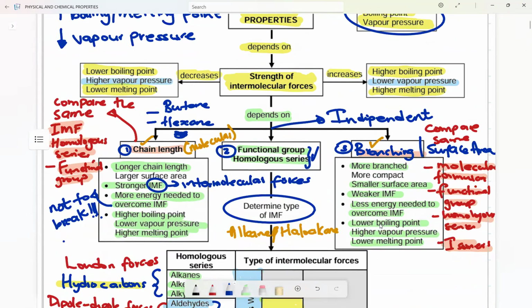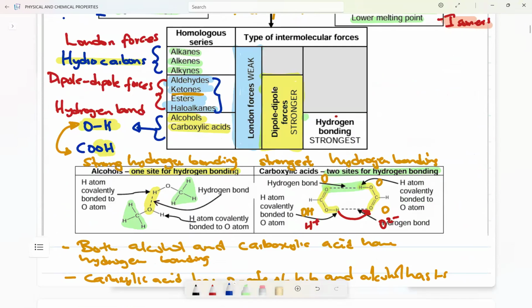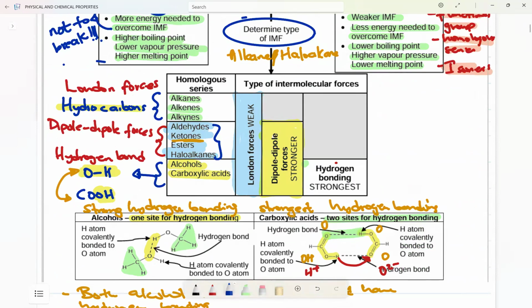It depends on the independent factors, which are chain length, the type of intermolecular forces or homologous series, or functional group, and the third one, branching. I should understand very well the type of intermolecular forces each homologous series has.